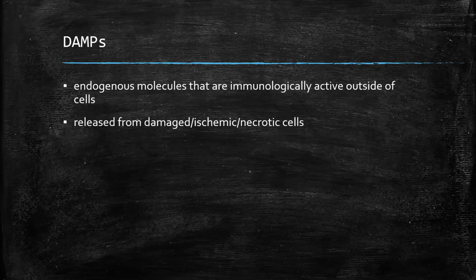Basically, they're endogenous molecules that become immunologically active once they're outside of cells. These molecules can get released if a cell is injured, or if it becomes ischemic, or frankly dies. These cells spill their contents into the local environment, and the immune system is designed to react to this.